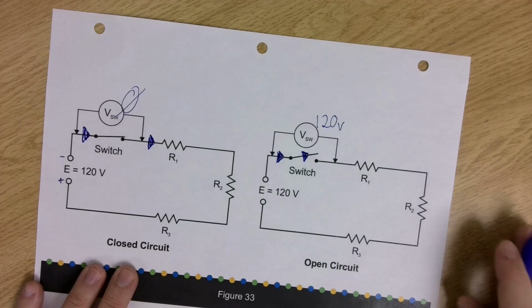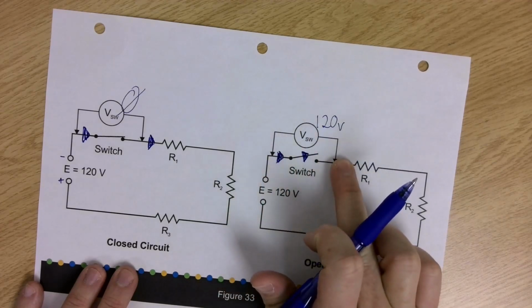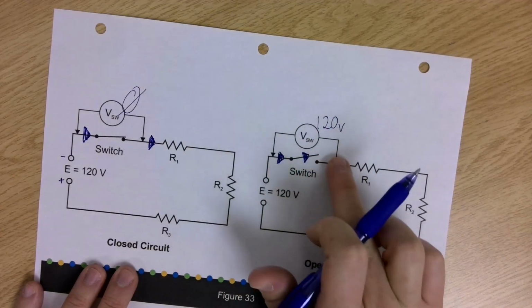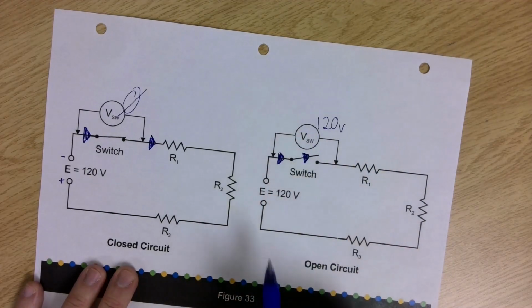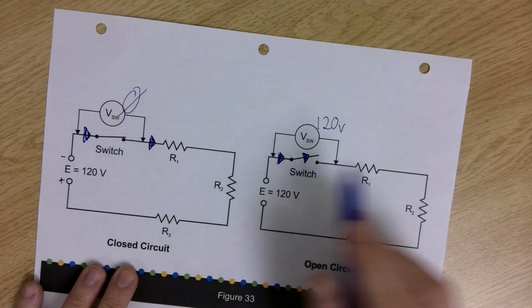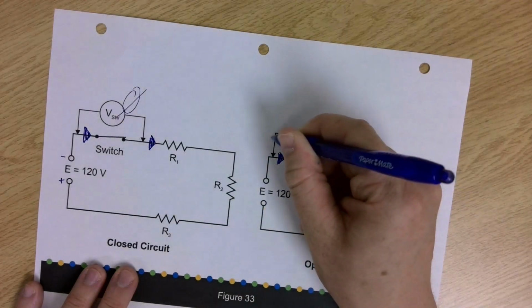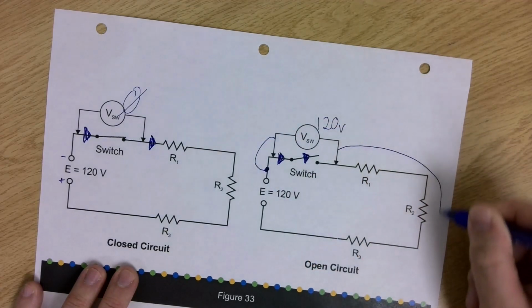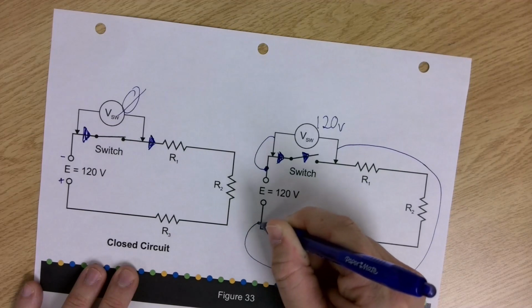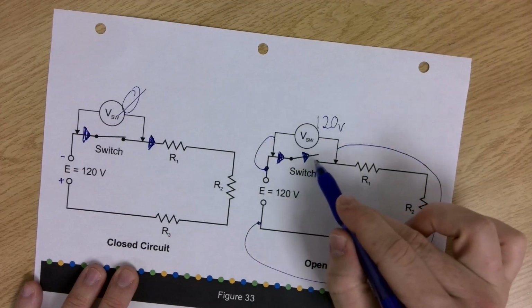Okay? Because the difference, the voltage drop, across this switch is 120 volts. Measuring from here to here is the same as if you took your leads and you brought it down here, then you went all the way around and you measured right here. That's the exact same thing because this is now an open circuit.